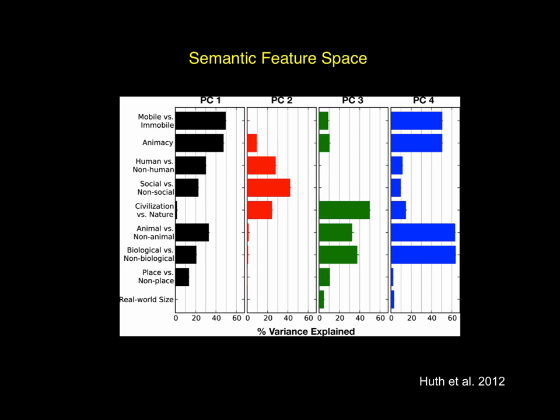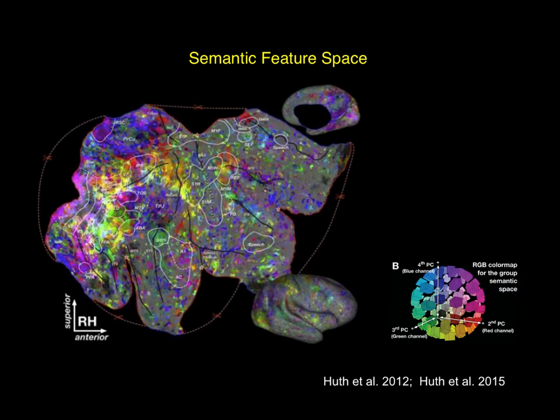The second one is loading on social versus non-social type of things. And I'm trying to remember what they called the third and fourth ones. I don't remember at the moment. But what they can then do is plot across the brain how the loading is on all of these different features.